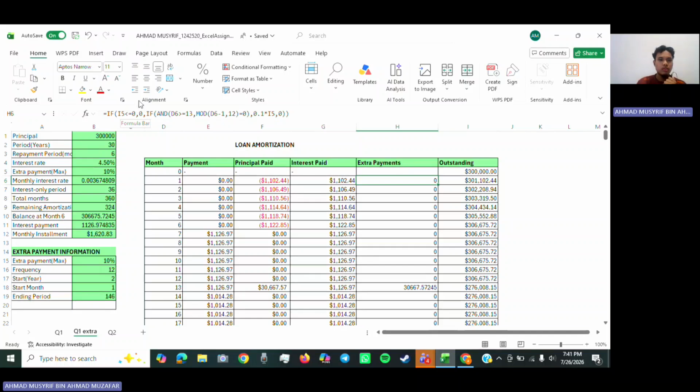If not, we use the IF formula again, with two conditions that must both be true. First, month is more than or equal to 13, because the frequency starts at 12, and the MOD of (month minus 1) divided by 12 equals 0. Then it's 10% multiplied with the previous outstanding balance.